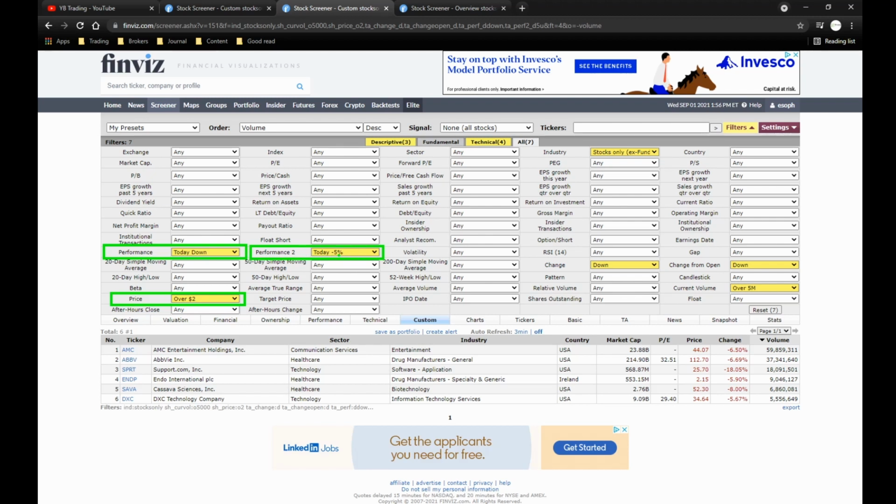Remember, we're looking for a stock that has been going down, and industry should be stocks only. Change is down, and change from the open is also down. And then current volume, you can keep it over 10 million, but in this case I've kept it over 5 million. Okay, those are the settings for down 5%.